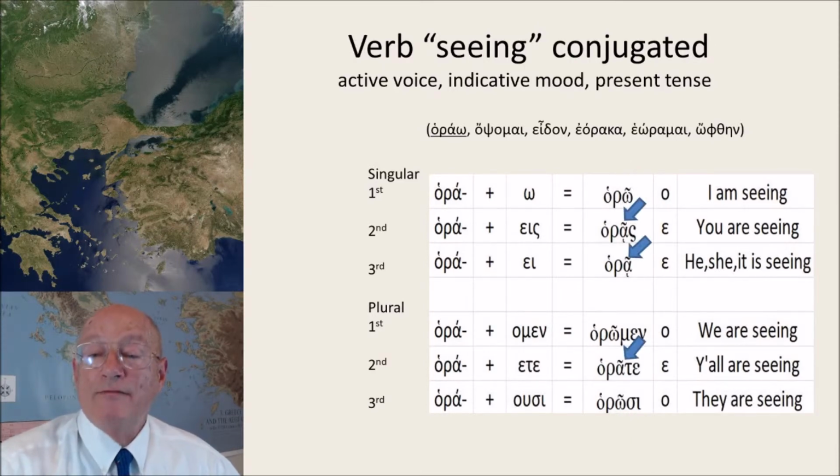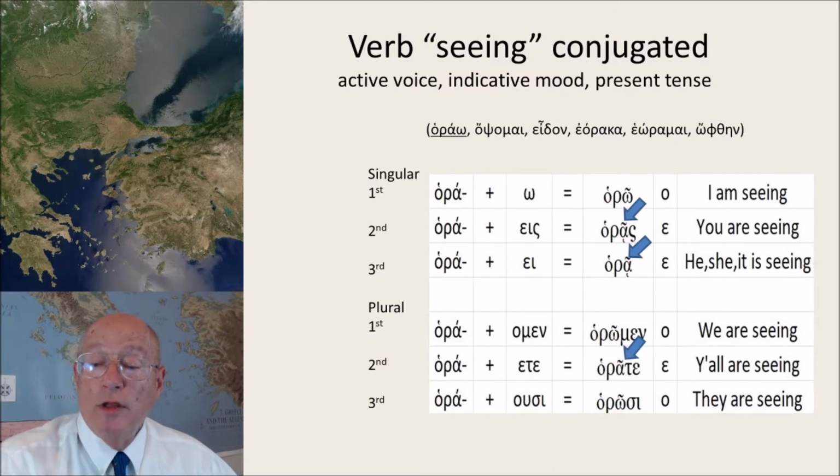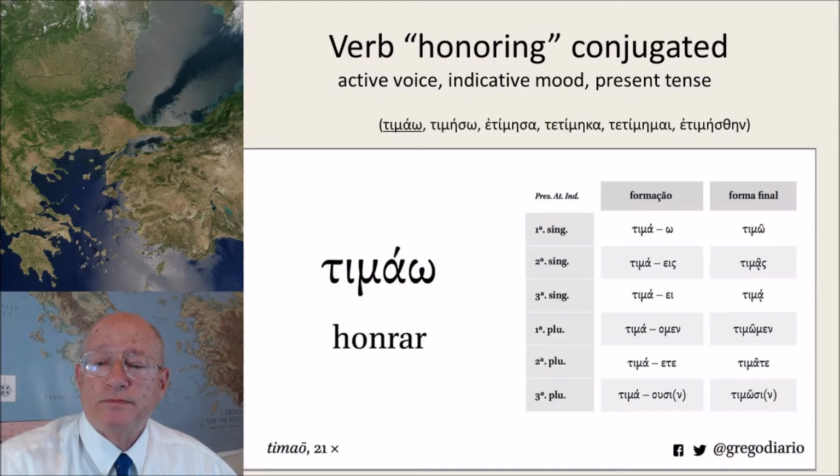And in this slide, I'm emphasizing that the hora plus the eis and the ei, and the ete in the second plural, that contracts in the second and third singular to the alpha with a subscript, the iota subscript. Note that, and then in the second person plural, just simply an alpha. So the point of this is to recognize and memorize these forms.